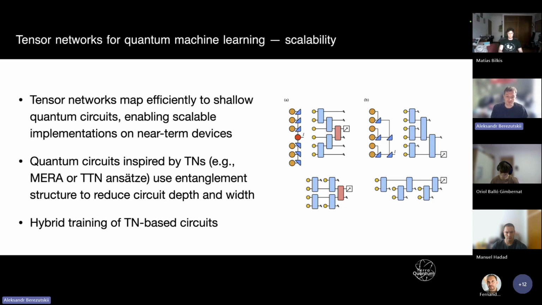From what I understood, this helps you do better training, and since many of the tensor networks correspond to shallow, meaning small, quantum circuits, this allows you to model them efficiently with your classical resources.